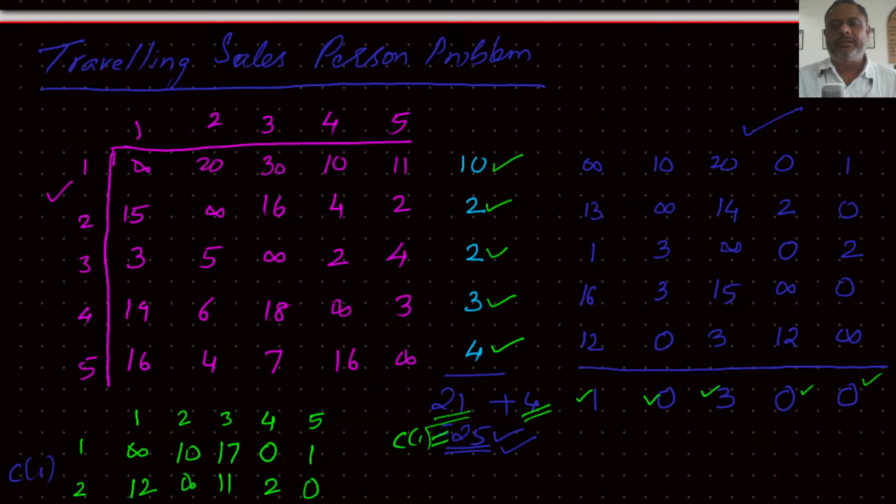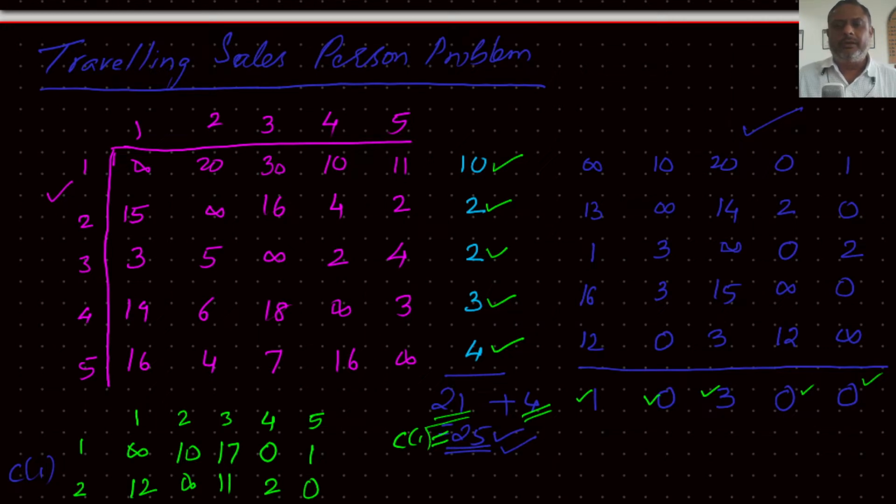The obvious answer is node 5, because the distance is 0. So we can find the minimum distances for each column, and we get 1, 0, 3, 0, 0.